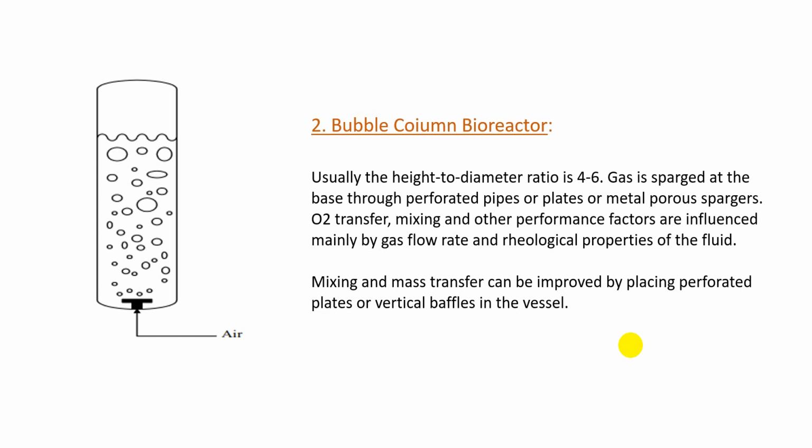Air is pumped through the inlet at the bottom, and this sparging of air creates big bubbles, which help in aeration and a higher rate of oxygen transfer. It causes greater mixing, and other performance factors are influenced mainly by the gas flow rate and the rheological properties of the fluid. Now, mixing and mass transfer can be improved by placing perforated plates or vertical baffles in the vessel.